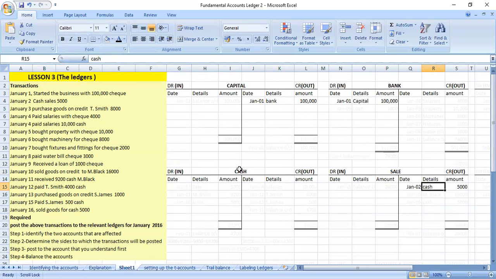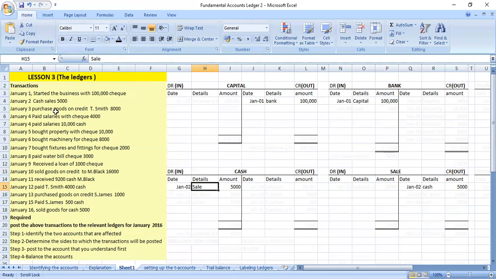In the cash account now, we're going to put the similar information because the goods went out and cash came in. So it's going to be January 2nd. In the cash account, we receive $5,000 cash, and this cash that we received was because we sold some goods. So it's from the sales of goods.